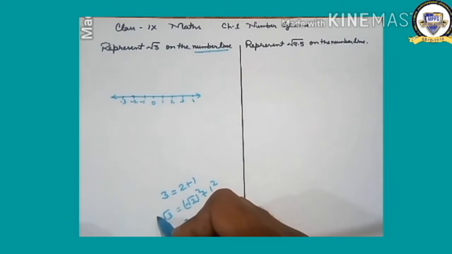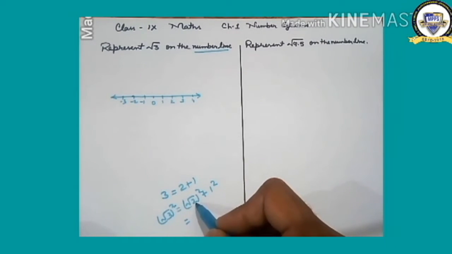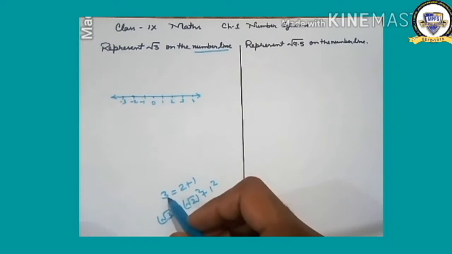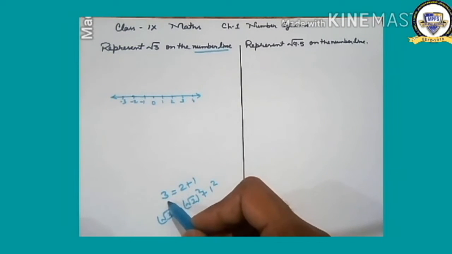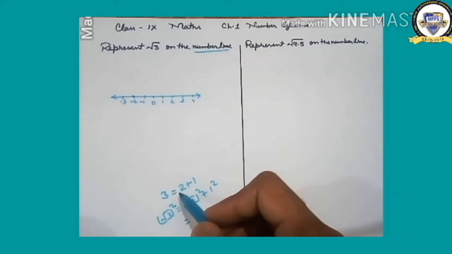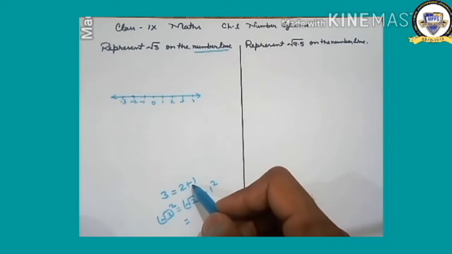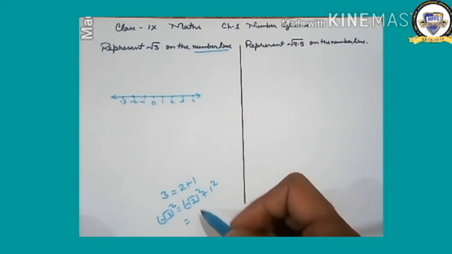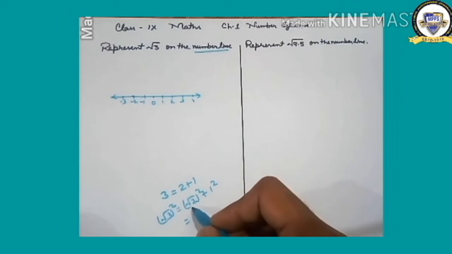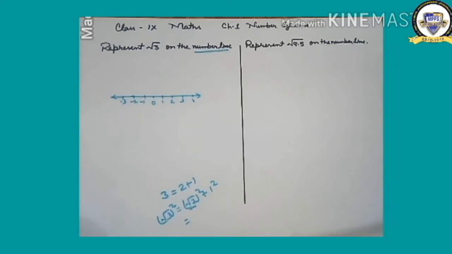We can write square root 3 square equals square root 2 square plus 1 square. That will be 3, square root 2 squared will become 2, and 1 square will become 1 again. So 2 plus 1 is 3. Now firstly we have to draw square root 2.